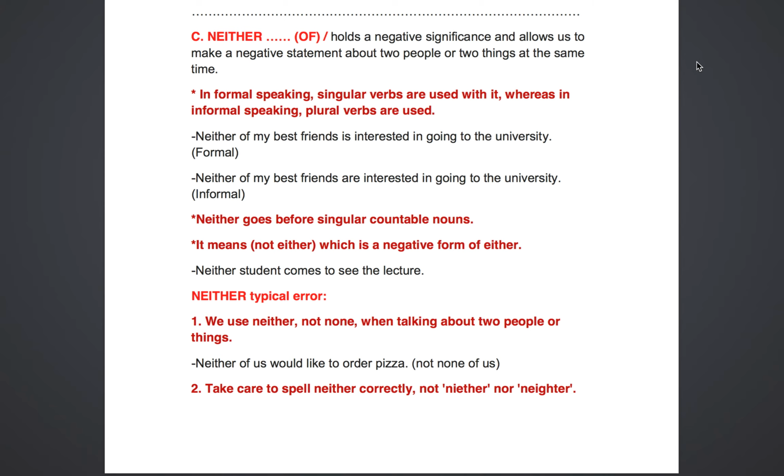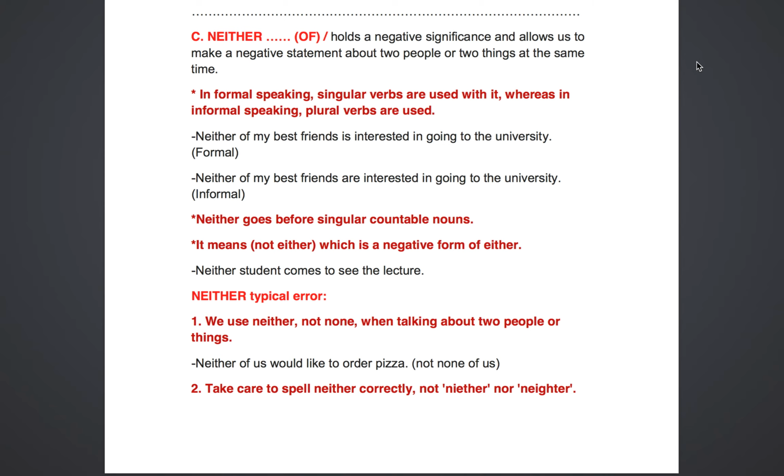I'm not going to go through the functions again because it's the same as either. You can put it instead of either to figure out the functions. But here we are talking about the ways of using it.